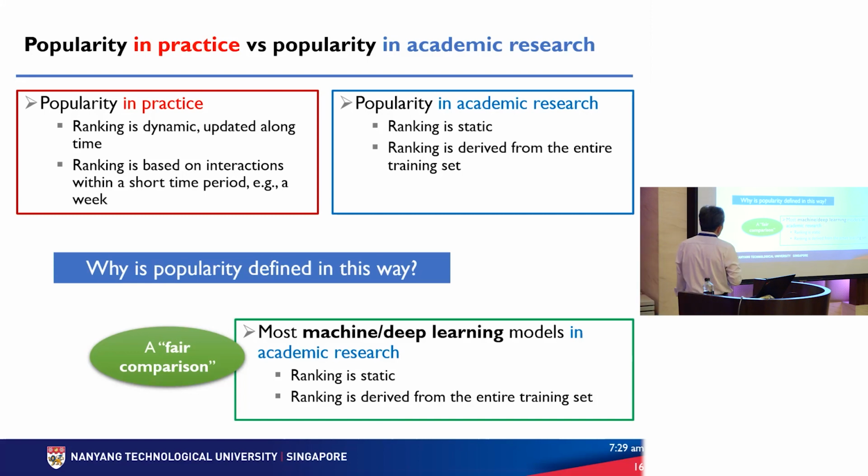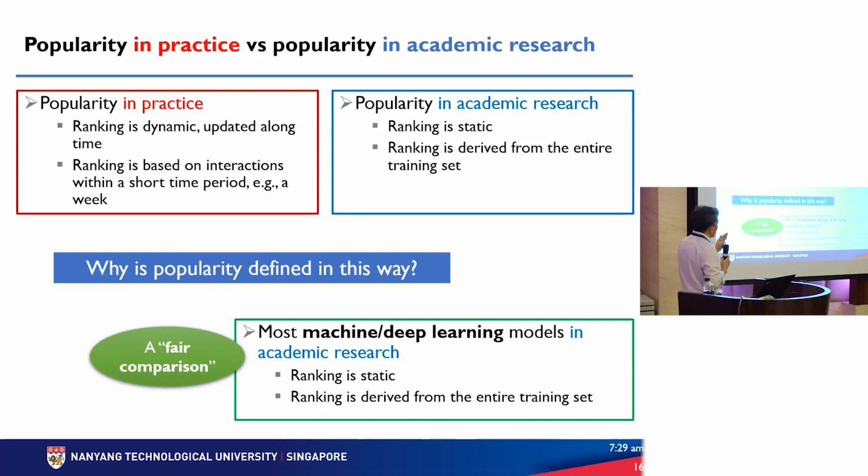So the thing is, why do we derive the popularity in this way, when somehow we know that it's probably not that right? Because we want to have a fair evaluation. The fair evaluation is because all machine learning models are trained in that way, okay? We have the training data, we have the test data, we feed the training data to the machine learning model, and we try to get the prediction.